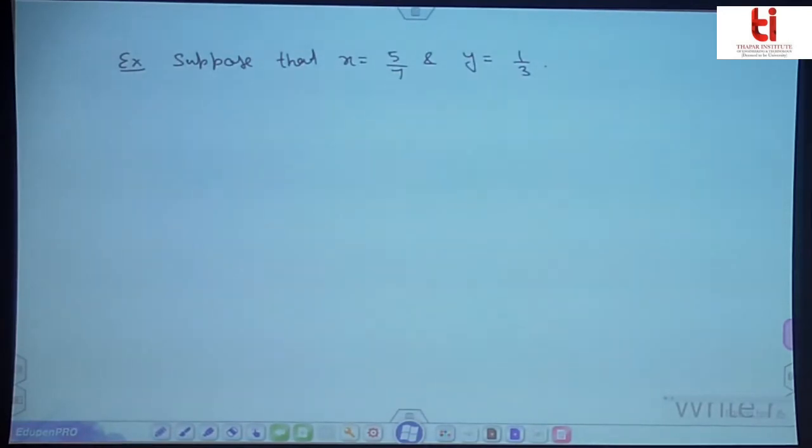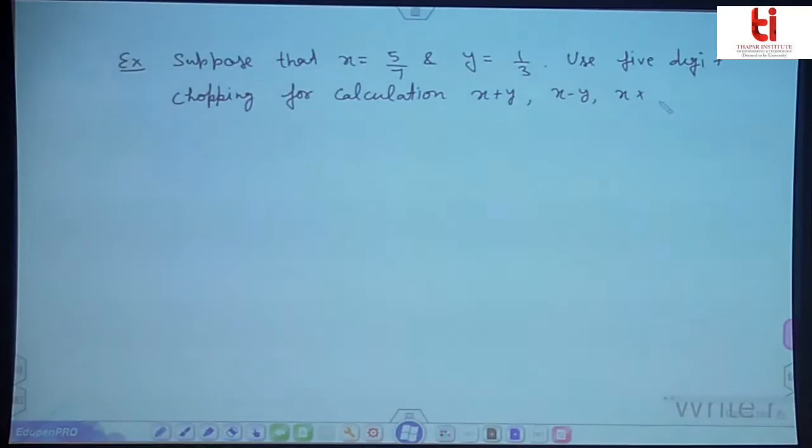Then use 5-digit chopping for calculation of x plus y, x minus y, x into y, the multiplication of x and y, and division.